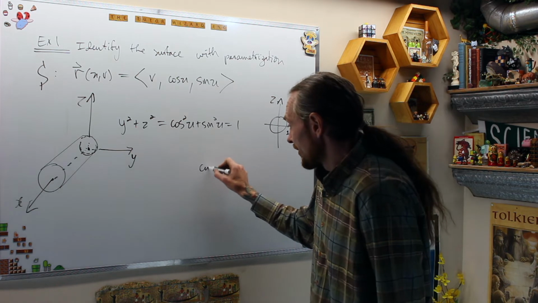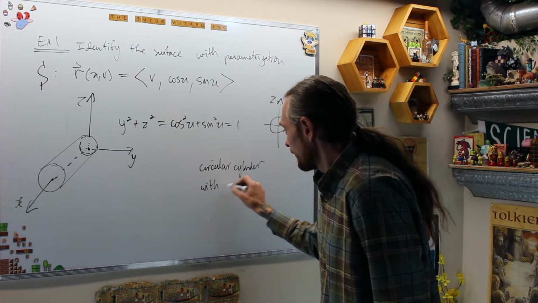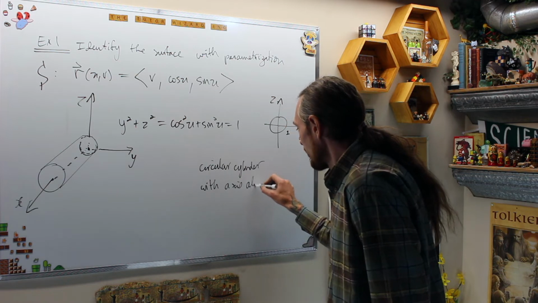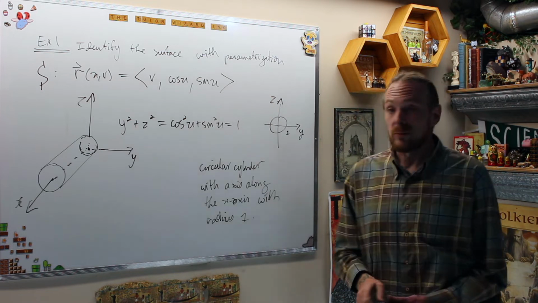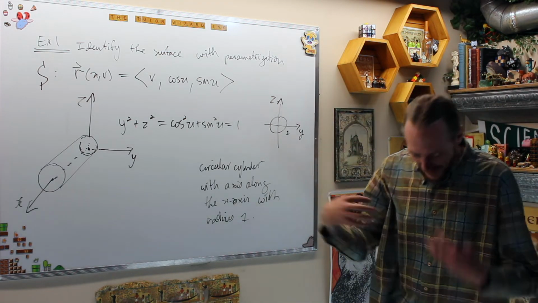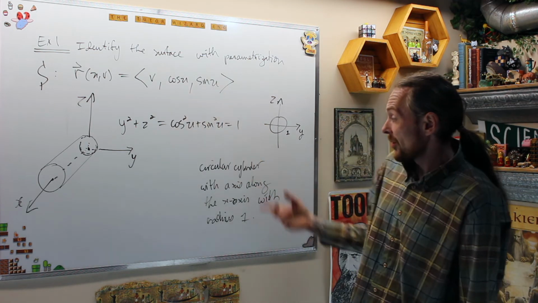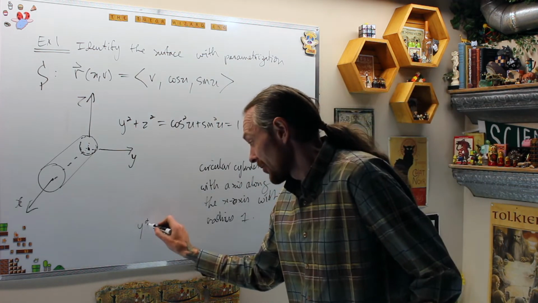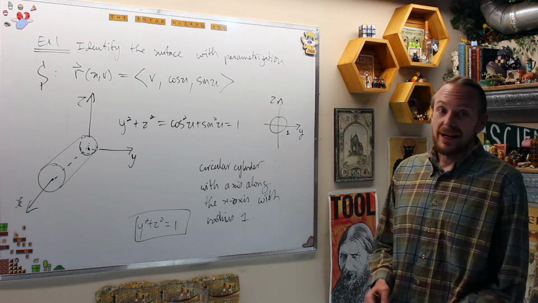This is the circular cylinder with axis along the x-axis in 3 space with radius 1. You should practice viewing, so that you could picture what the parameterization is telling you. This is the weird way of saying what you were used to seeing as y squared plus z squared equals 1.